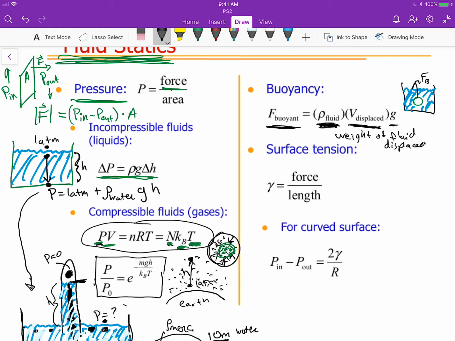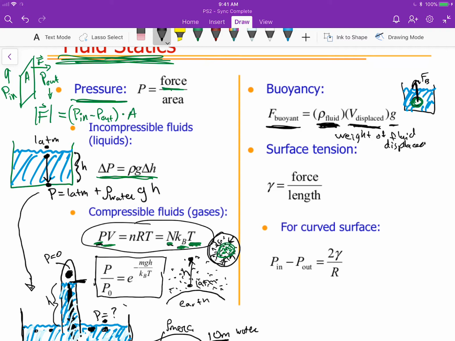displaced. And it's helpful to think of it like that, because if you take this same balloon and you put it in a different fluid, let's say this is helium, if it's in water, it'll have some big force up like this, because it's displacing water.